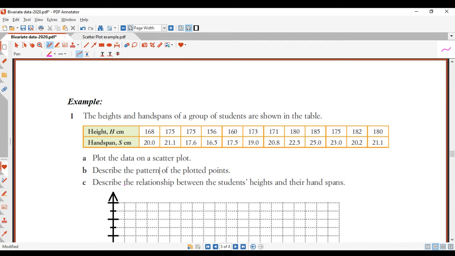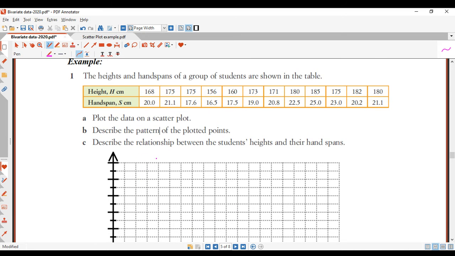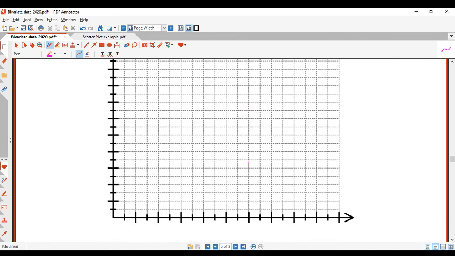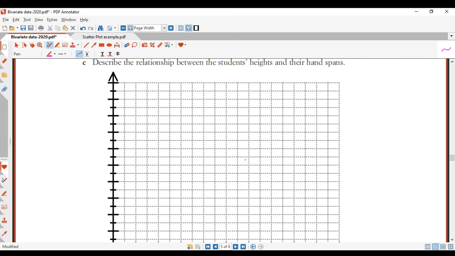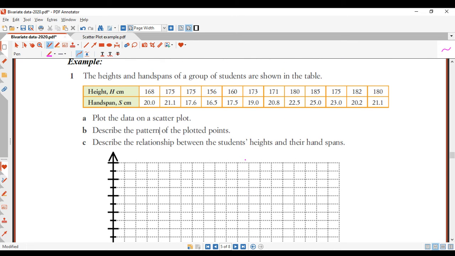Now, the heights and handspans of a group of students are shown in the table. Plot the data on a scatter plot. Describe the pattern of the plotted points and describe the relationship between the students' heights and their handspans. Now, when you do this, you are going to have to decide on what numbers go on the axes here and which variables go on the vertical axis, and which variables go on the horizontal axis. Now, first of all, let's see which is the independent one and which is the dependent one.